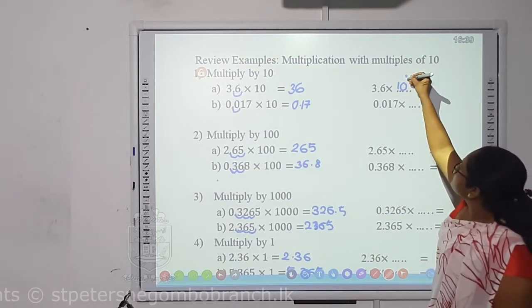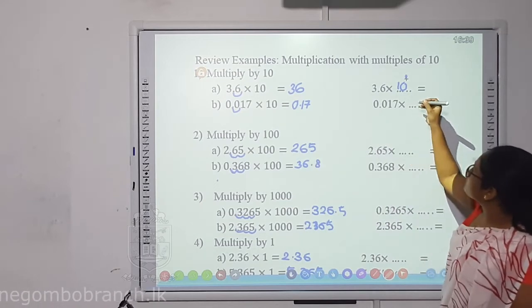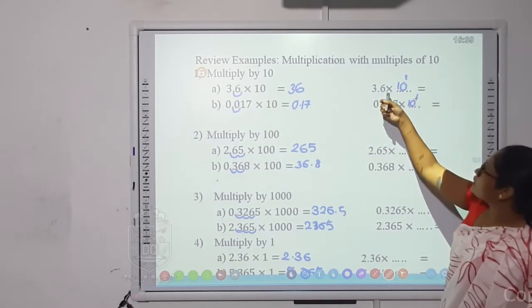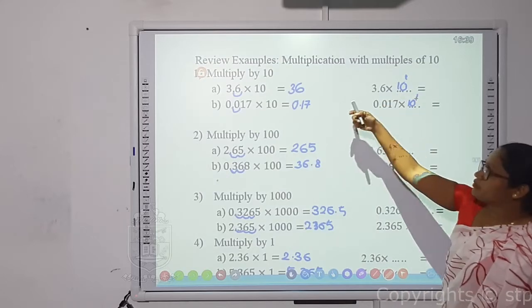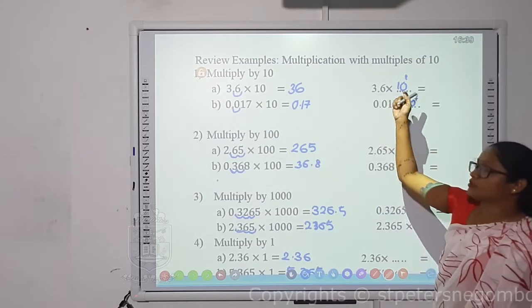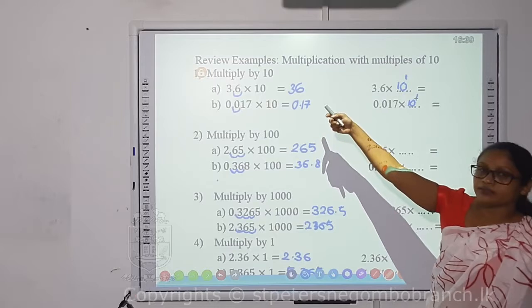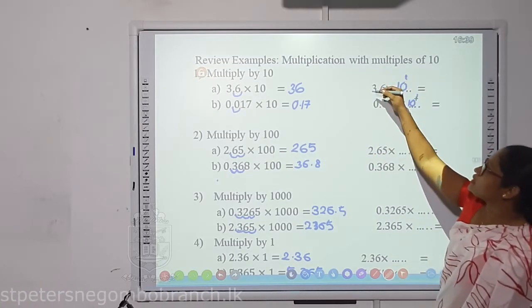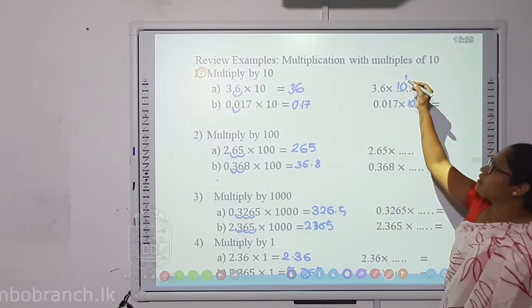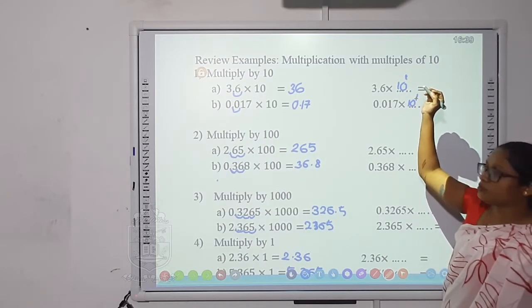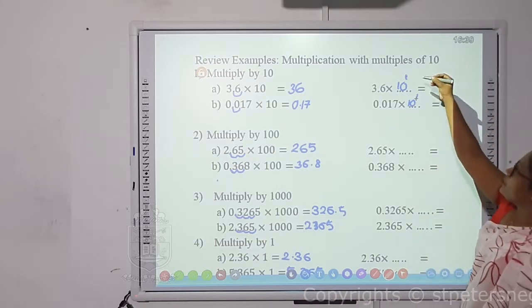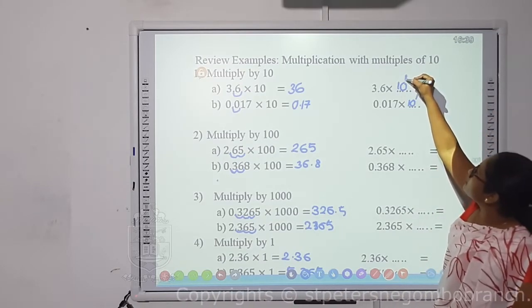In this question also I can write 10 to the power 1. So what is the answer? The answer should be 36. If you see this kind of multiplication, how to find the answer is what you will learn under the scientific notation theory. You can see 1 here.